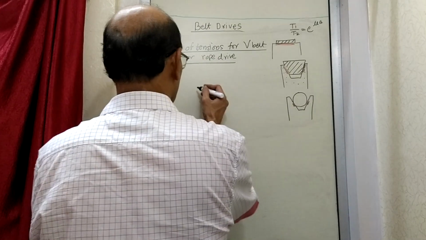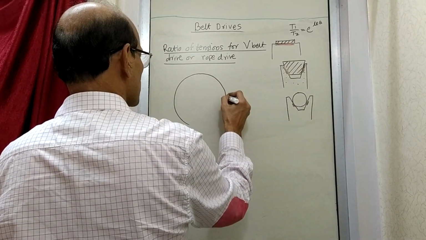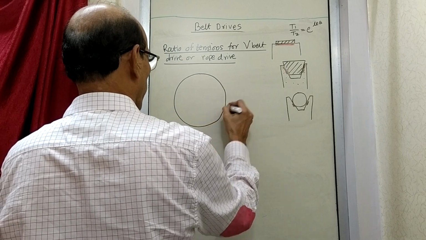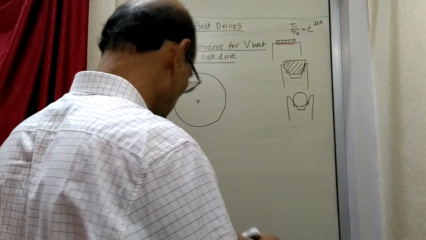So let us draw a figure something similar to last time, but with some difference. So this is the pulley. Then let us draw the belt.